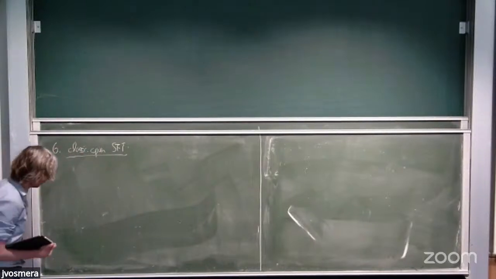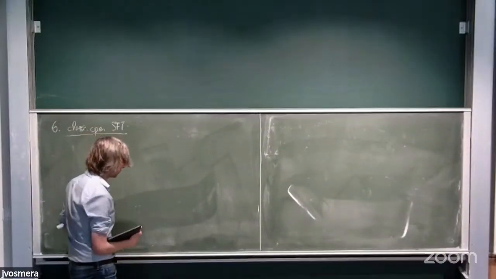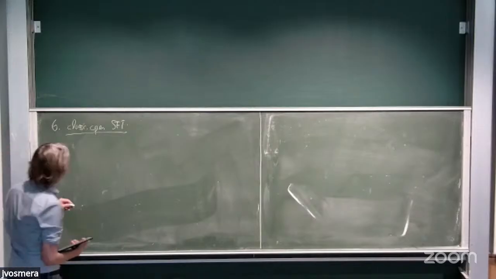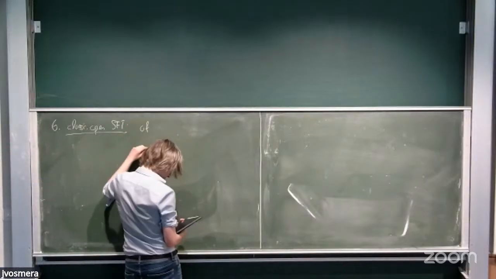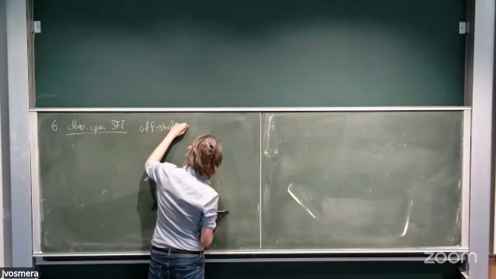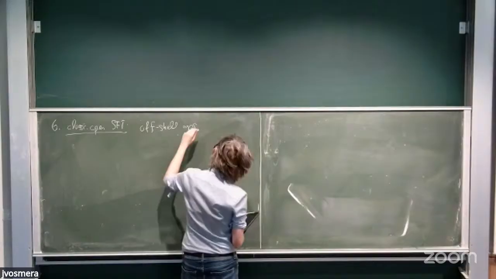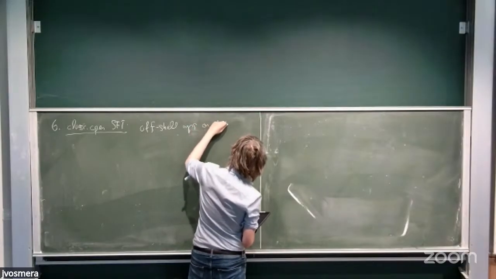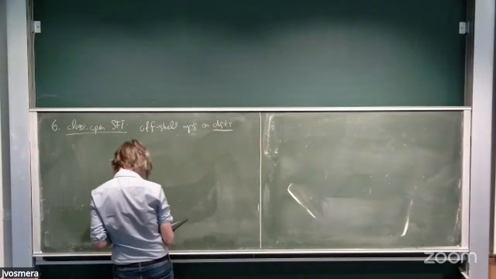Instead of discussing off-shell amplitudes on Riemann spheres with punctures, I will just sketch what the situation is in the case of off-shell amplitudes on disks with boundary punctures.